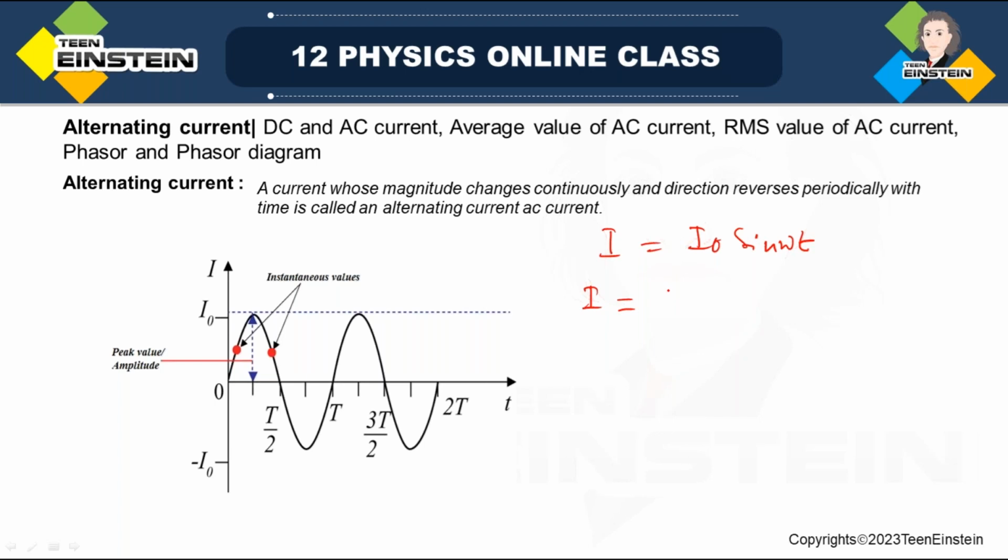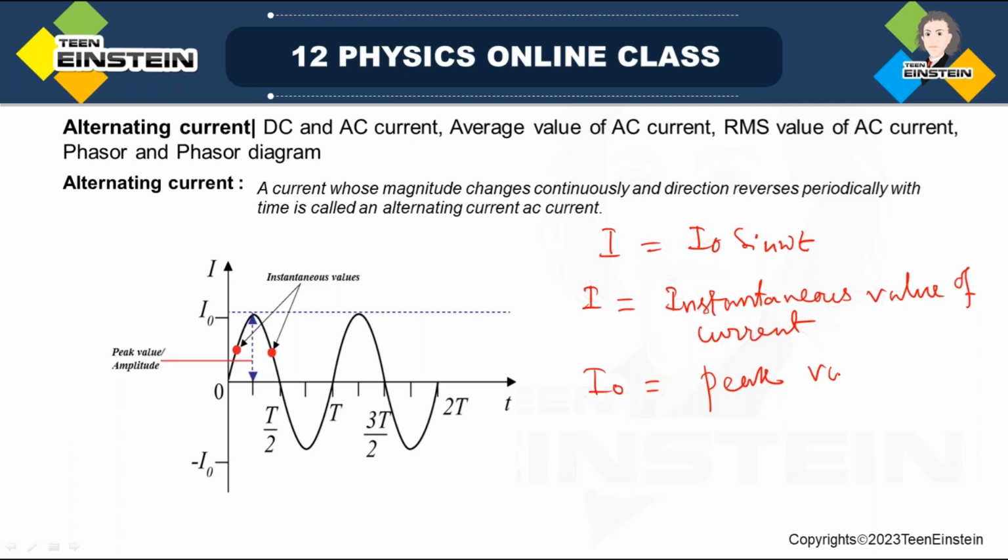So this is instantaneous value of current, and this is peak value of current, peak value of AC current, alternating current.